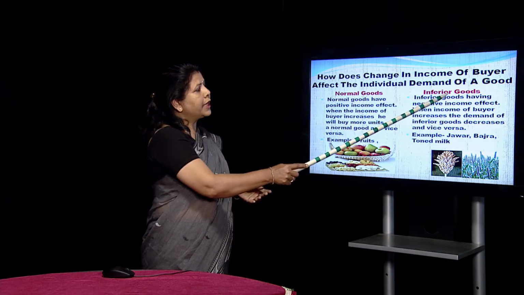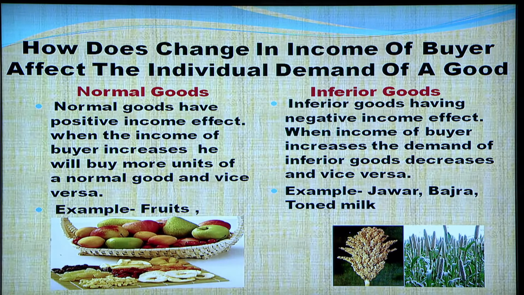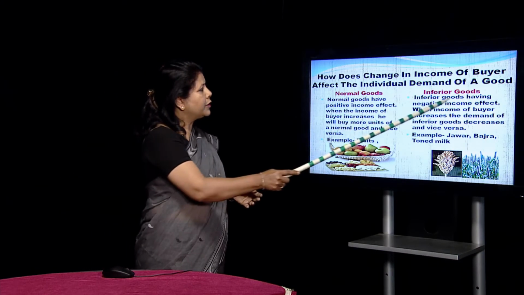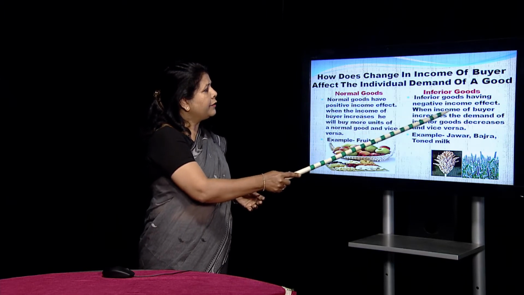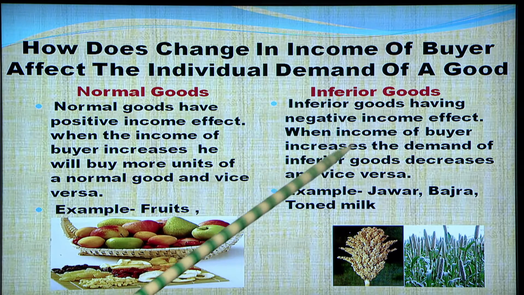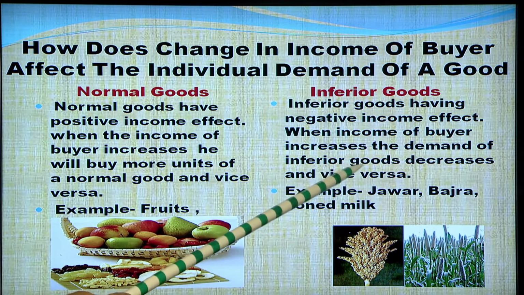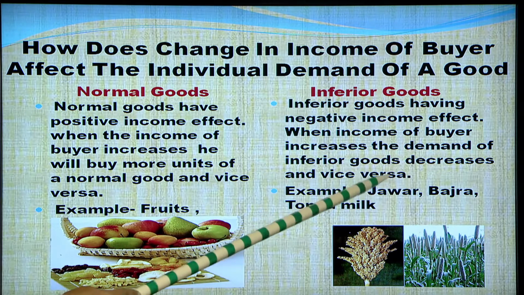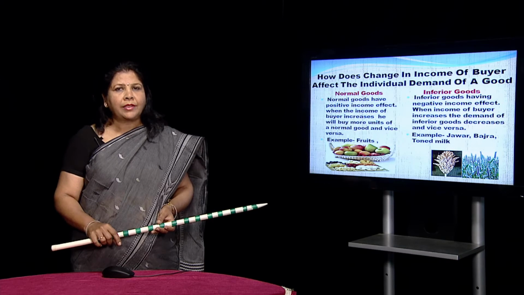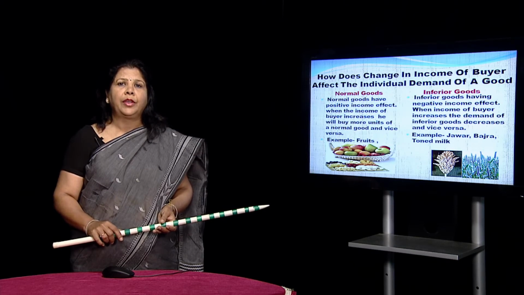There are other goods as well which behave differently when income rises. These are known as inferior goods. Inferior goods have a negative income effect, that is, when income of the buyer increases, the demand for inferior goods decreases and vice versa. These goods are not high in our priority.